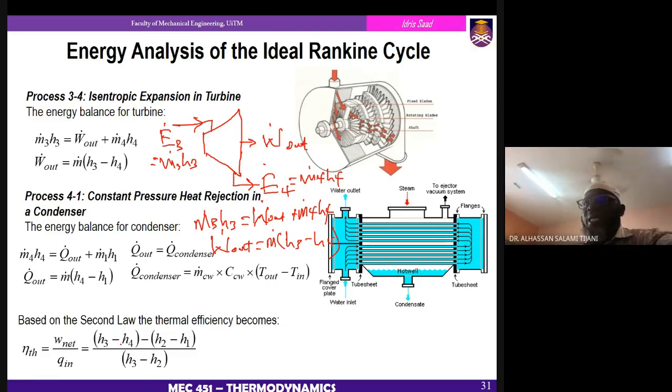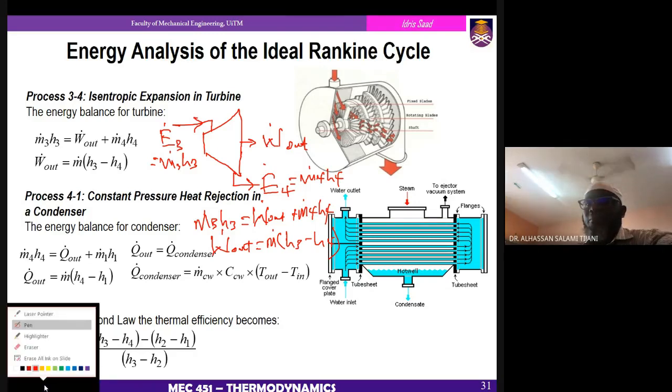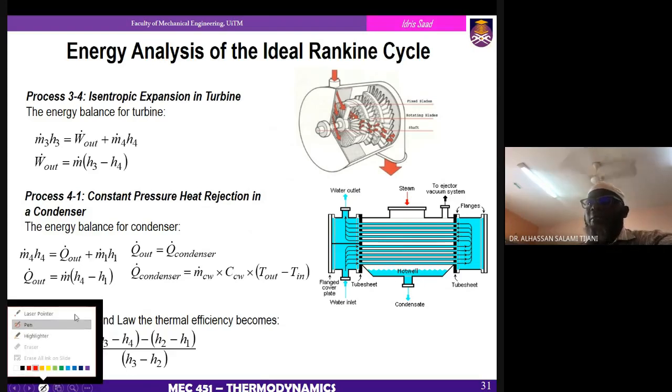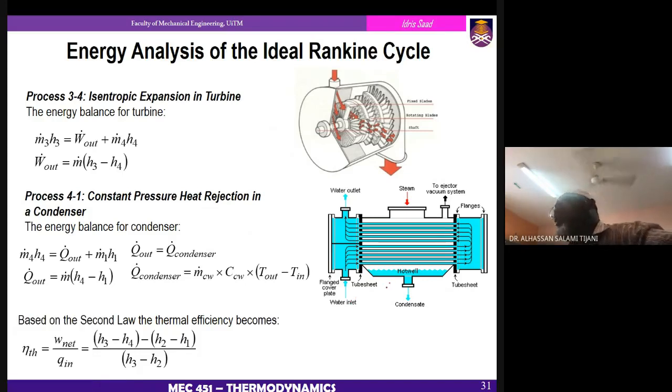The final one is the condenser. The condenser is a device which is used for cooling. The steam enters the condenser, and then it is cooled down into saturated liquid.